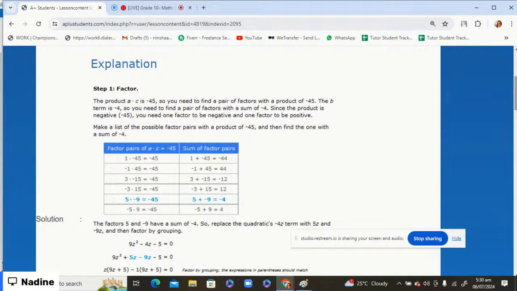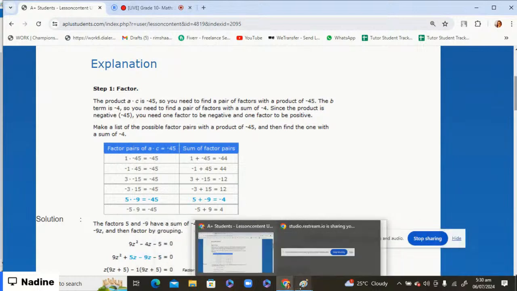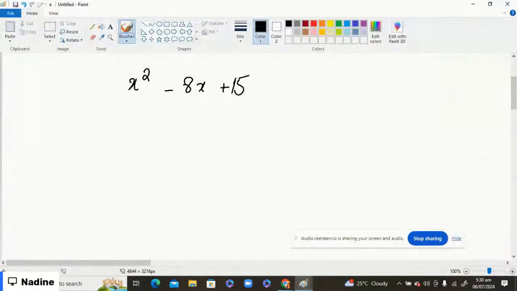When you multiply, you get the answer of that, and when you add or subtract, you get the answer of the middle one. Here a is 1, here is your b, and here is your c. You multiply c with a and then factorize it.